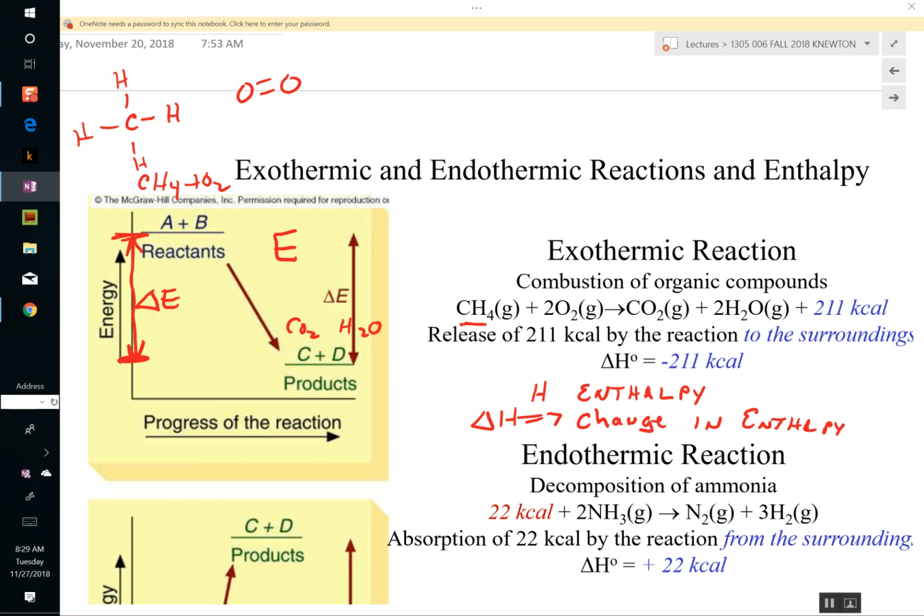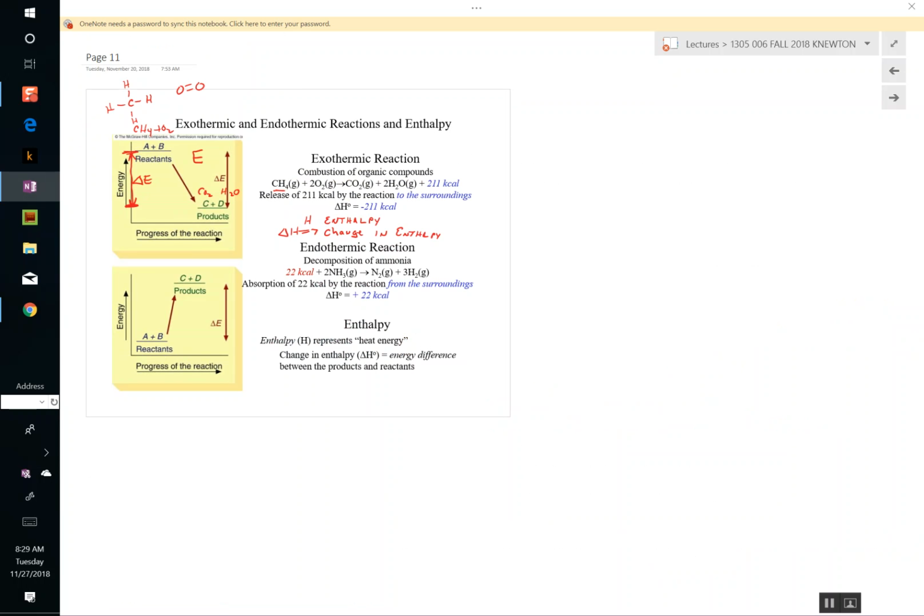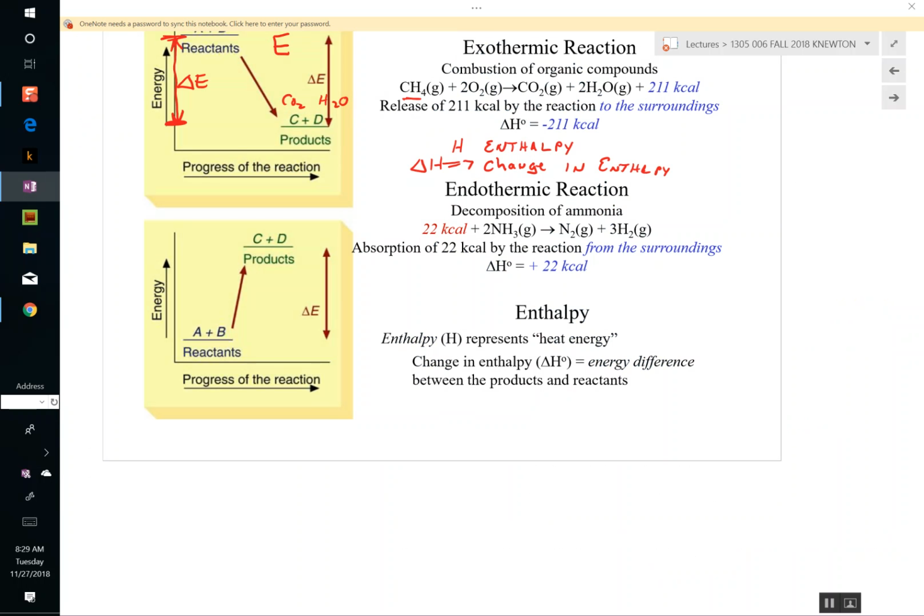So there's burning methane, and here is just another example where you would have ammonia down here, and you're breaking ammonia back up into its two elements, nitrogen and hydrogen. And that is an endothermic process. So this is a stable compound. Those two are relatively unstable in relationship to the ammonia.